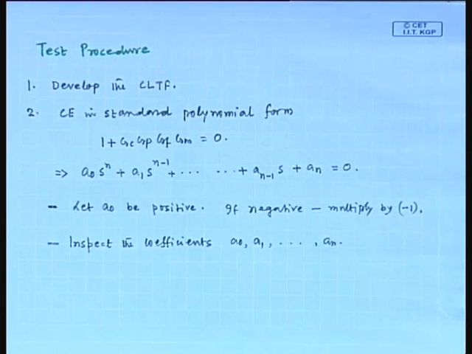If any one coefficient is negative, then the closed loop system is unstable. There is no need of any further analysis.